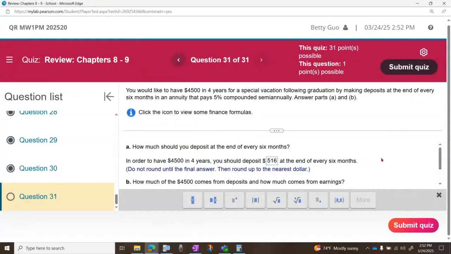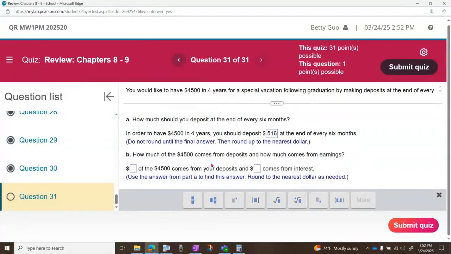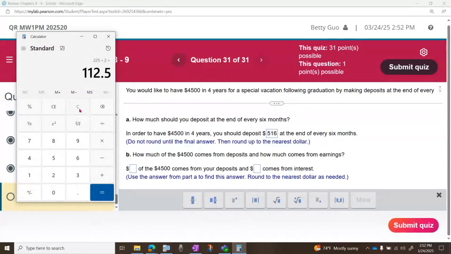That's your periodic deposit. How much of the future 4,500 comes from deposits and how much from the earnings? Let's see, you pay 516 every half a year, right? So times 2, that's how much you pay for a year. Times 4, that's how much you pay over the lifetime of the annuity.